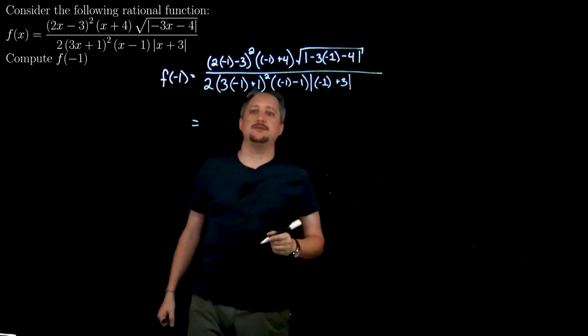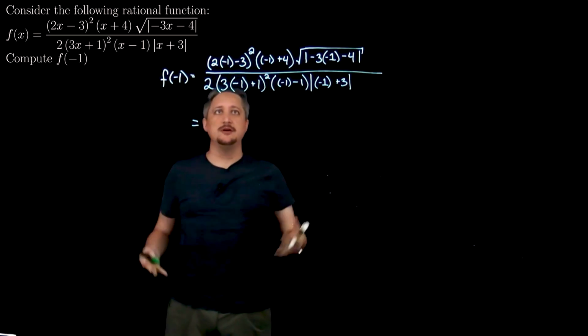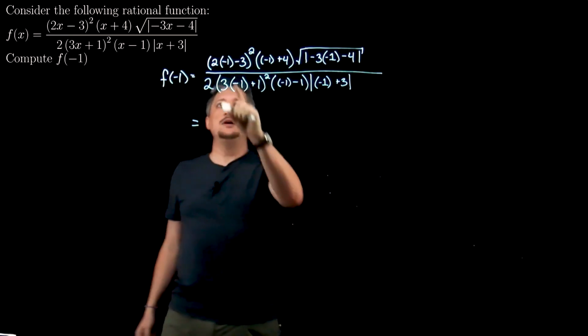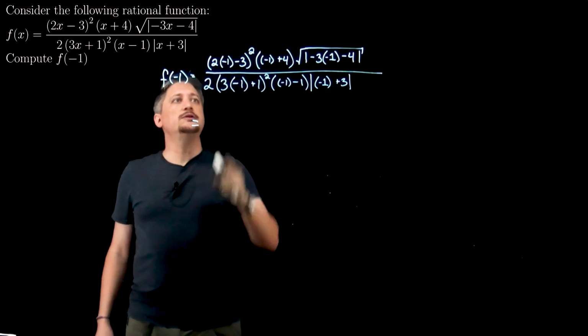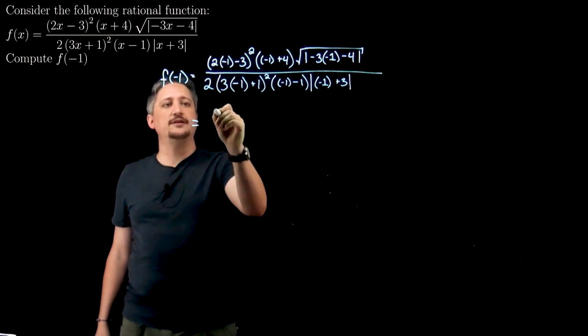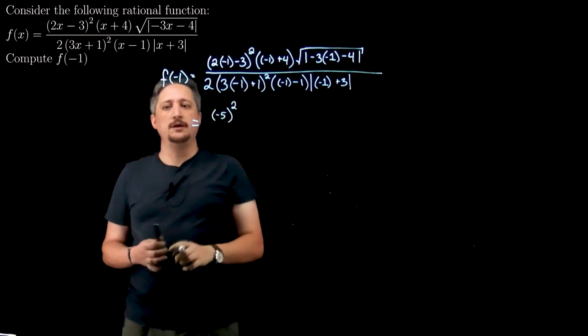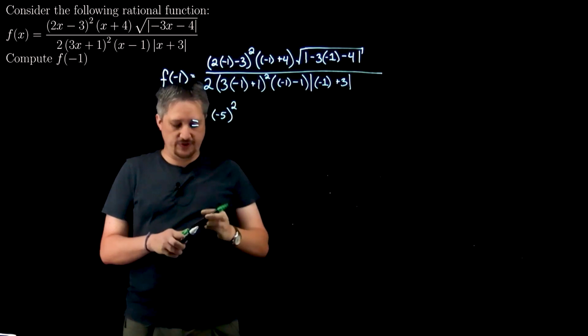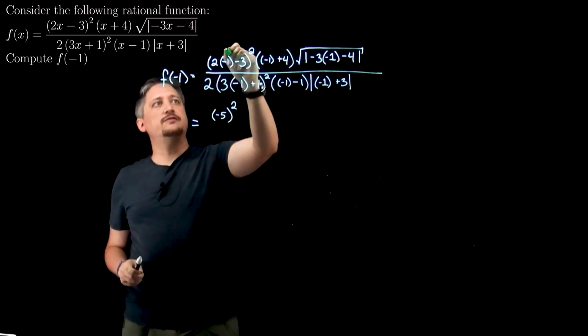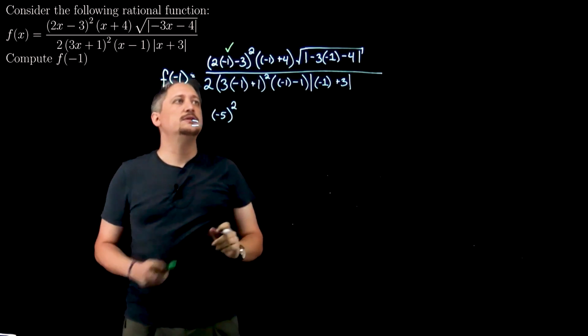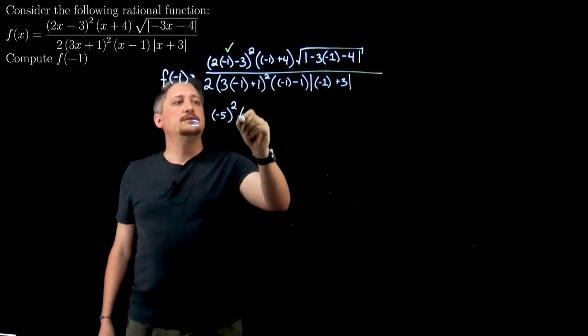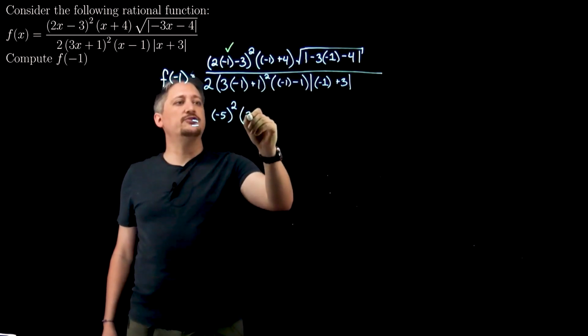Now let's go ahead and compute. Again, one term at a time. Don't do anything crazy. So 2 times -1 is -2, minus 3, that's -5. I'm going to want to square that. And again, if this helps, you can do this. You don't have to. I'm just going to mark off that I've done that term now. Then -1 plus 4, that's just 3.